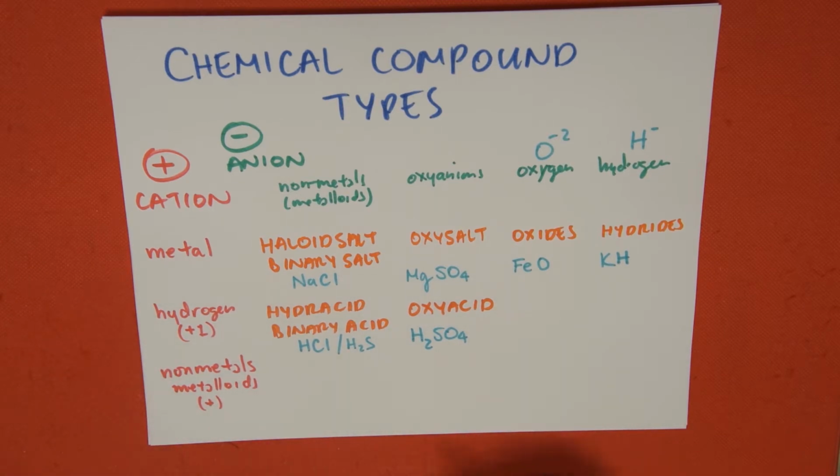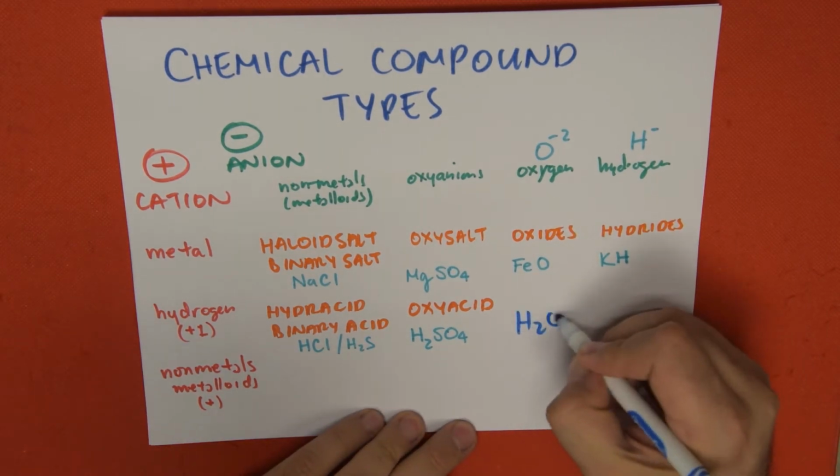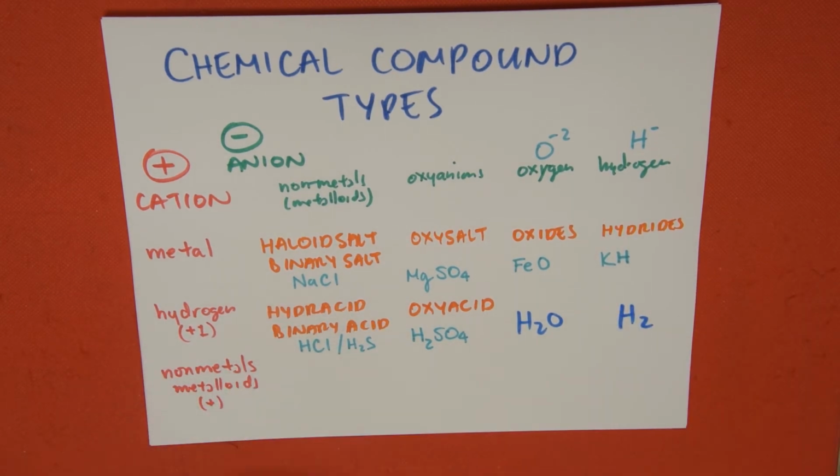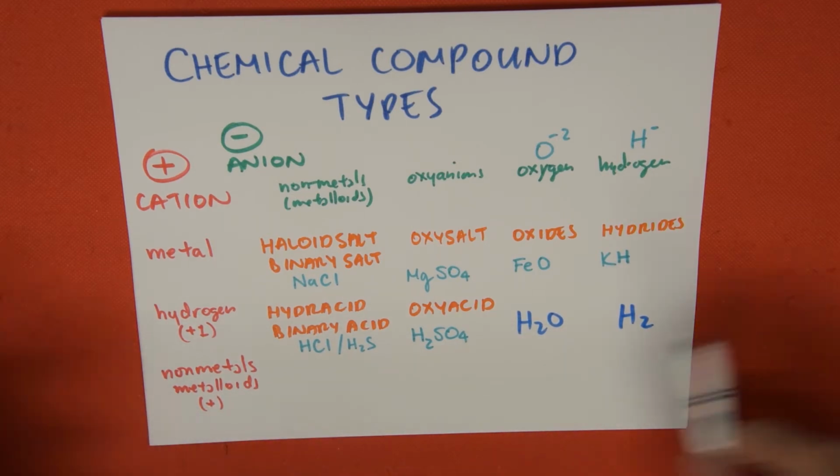Naturally, if we mix hydrogen and oxygen, we're going to get water. And if we mix hydrogen with hydrogen, we're going to get hydrogen gas. This is pure elemental hydrogen, this is water. Water is universal, so it has many different functions of the other chemical families.